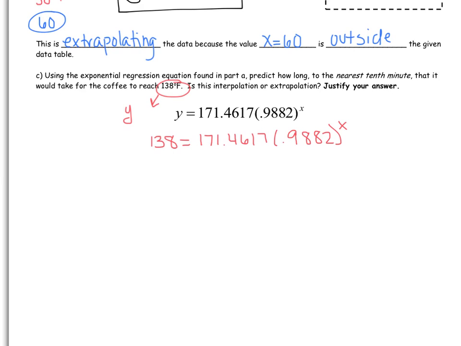So if my memory serves me correctly, we want to solve for this exponent. And the only way we can do that is by using logs, because logs are inverses of exponentials. So remember, we have to isolate the base that's attached to the exponent. So we're going to have to divide 171.4617 on both sides.